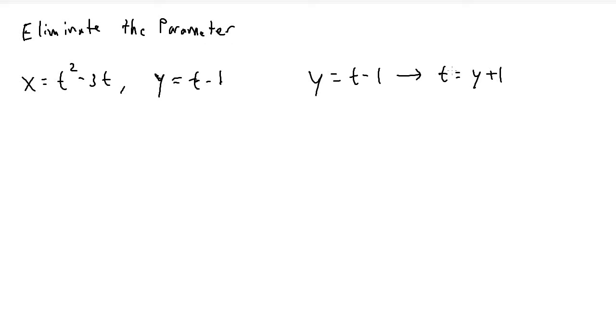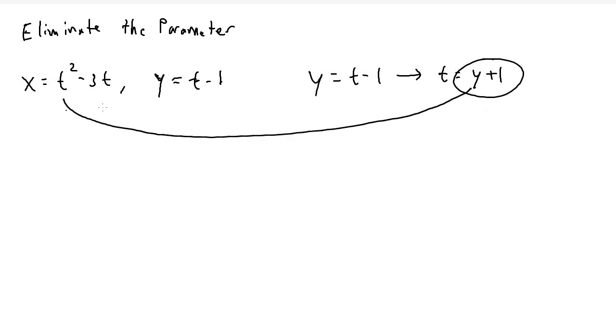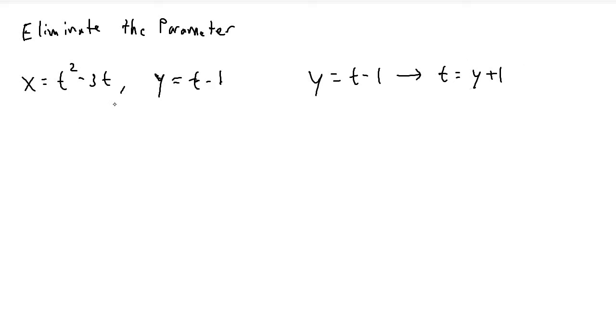Now I can take what I've found for t and substitute that into the x function. So I can do x equals t squared, and t is equal to y plus 1, so y plus 1 squared, minus 3 times t, which is once again equal to y plus 1.